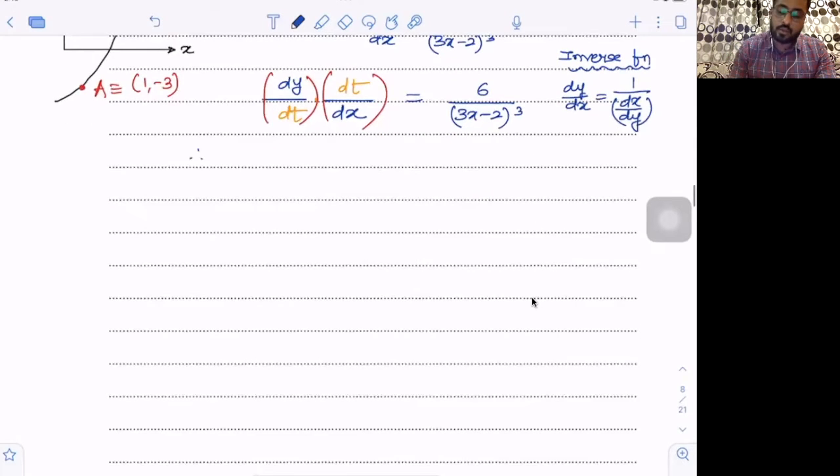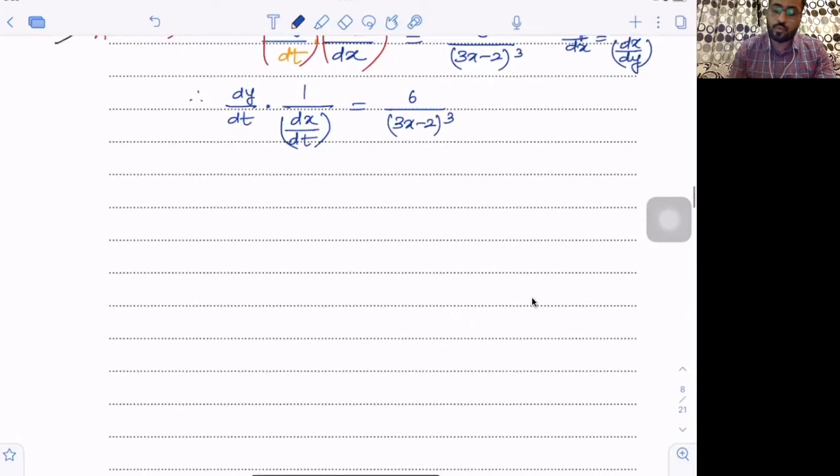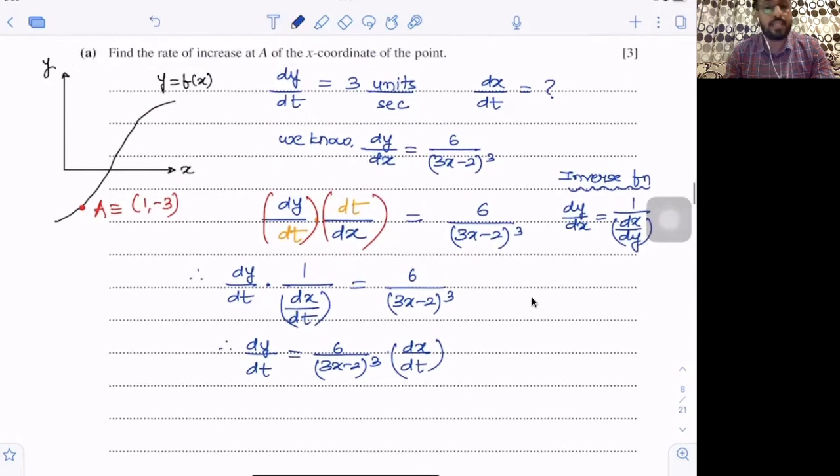So can I now say dt upon dx is 1 upon dx upon dt? Yes, I can write dt upon dx as 1 upon dx upon dt. So dy upon dt is equal to 6 upon 3x minus 2 the whole cube multiplied with dx upon dt. My point of interest here is to get the value of dx upon dt.